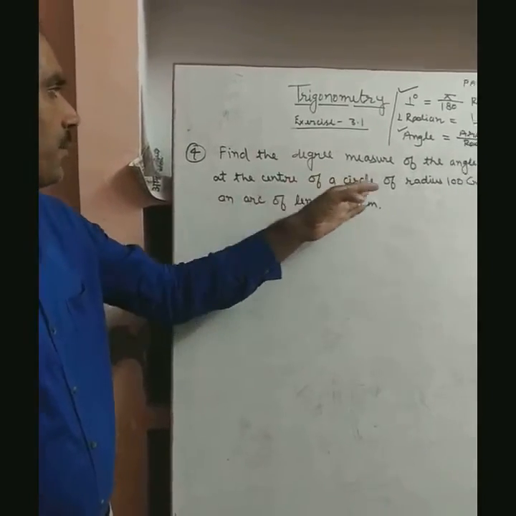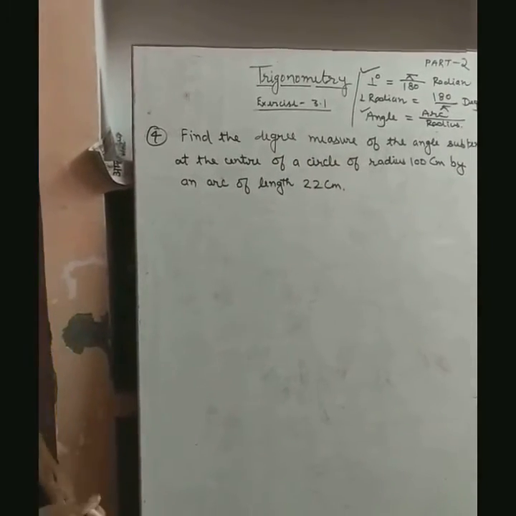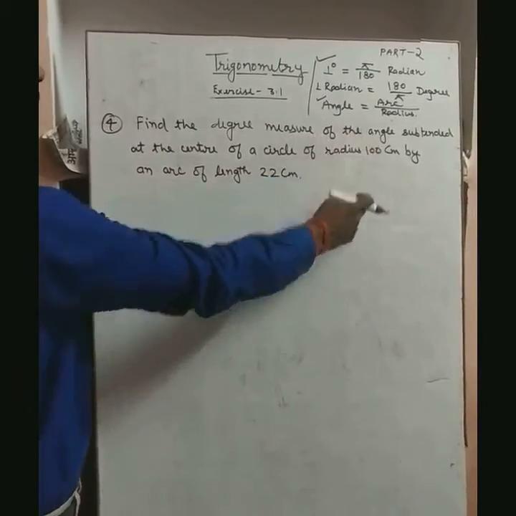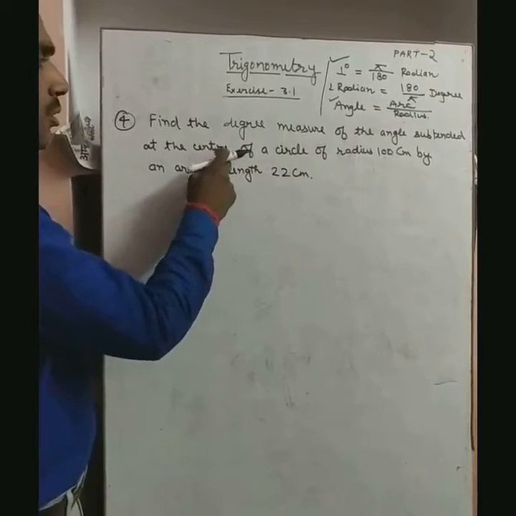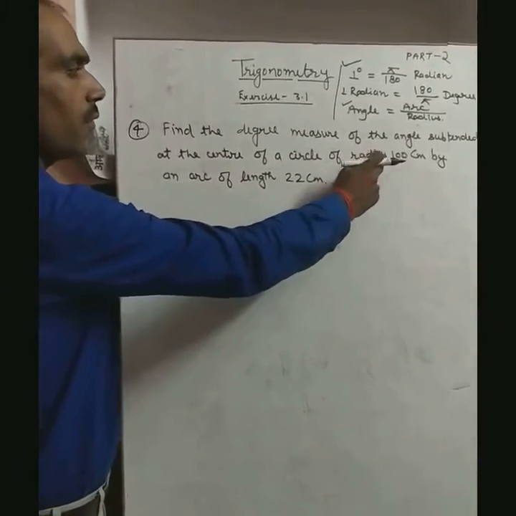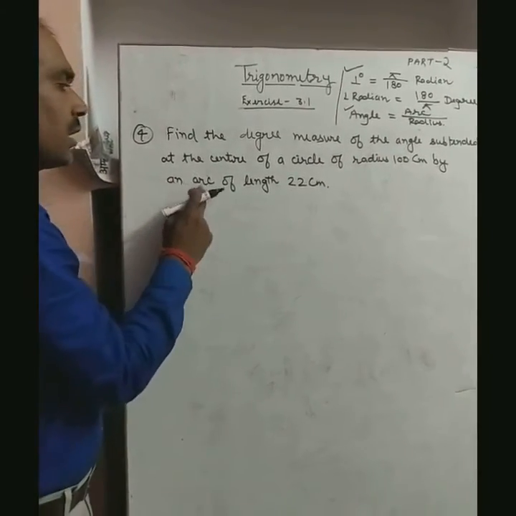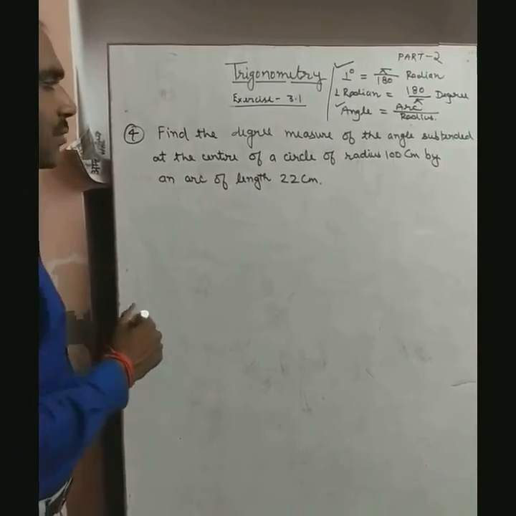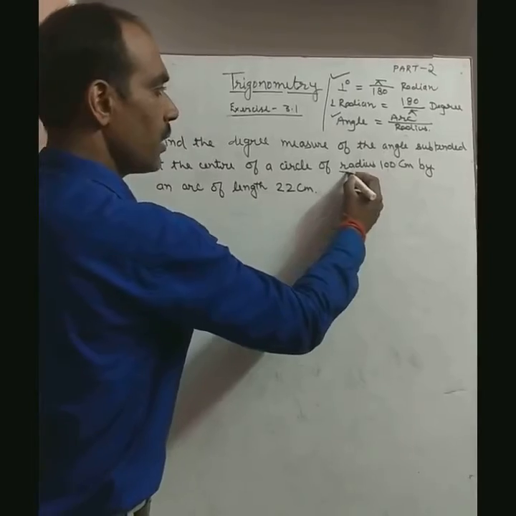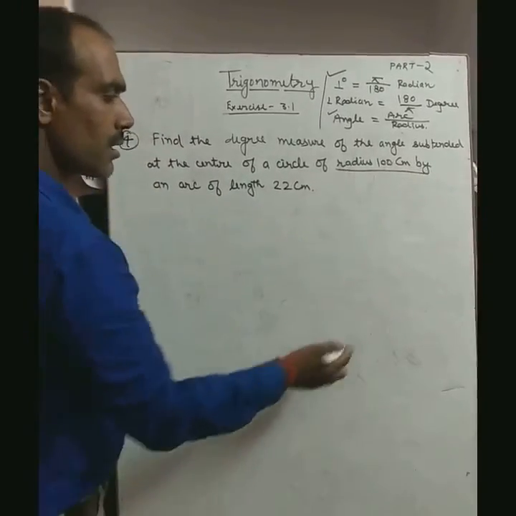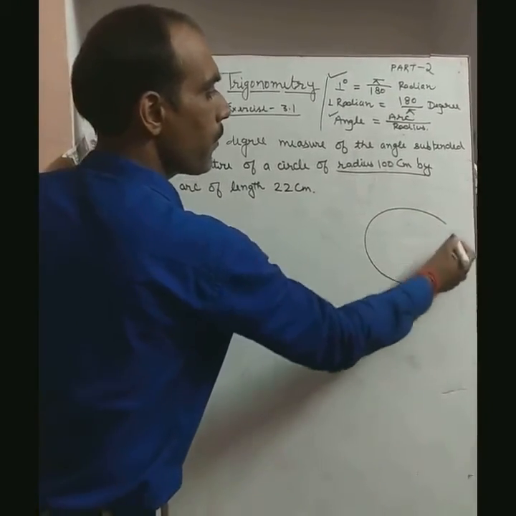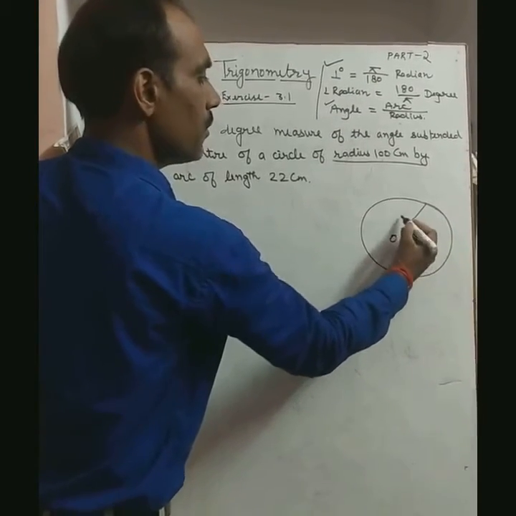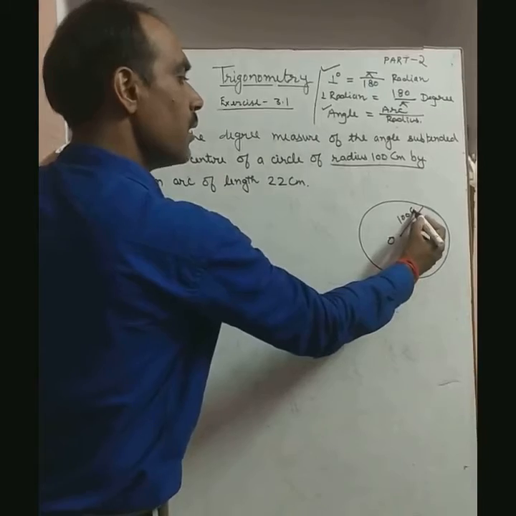Now we will discuss the next question. What is the question? Find the degree measure of the angle subtended at the center of a circle of radius 100 cm by an arc of length 22 cm. In this question, the radius of the circle is 100 cm. Like this is a circle with center O, then its radius is 100 cm.